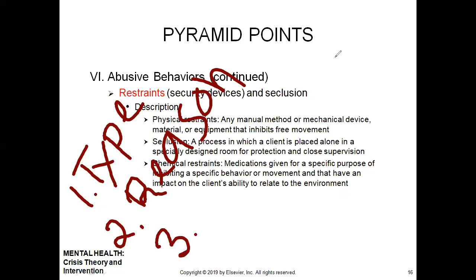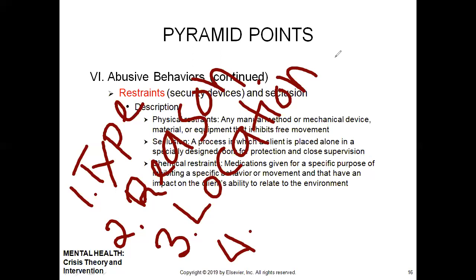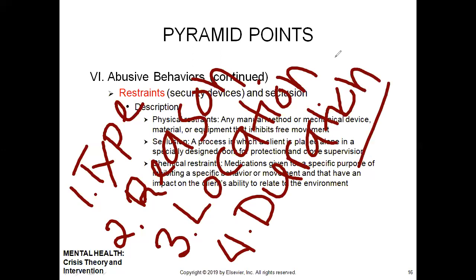Also the location. Location means where I put the restraint, upper extremity, lower extremity, or any other part of the body. And we also have to keep in the chart the duration of the restraint, right?